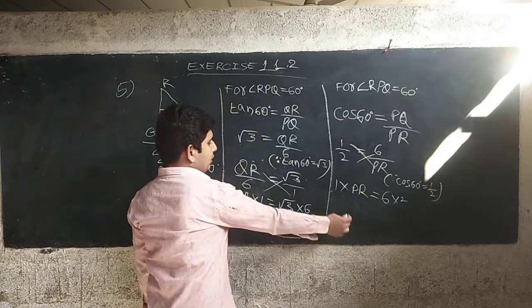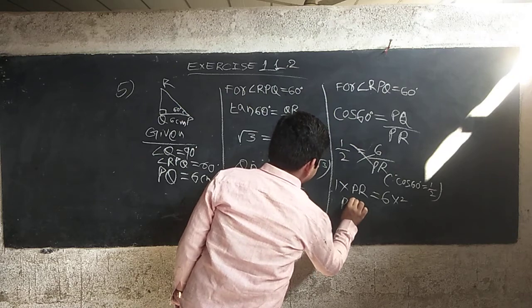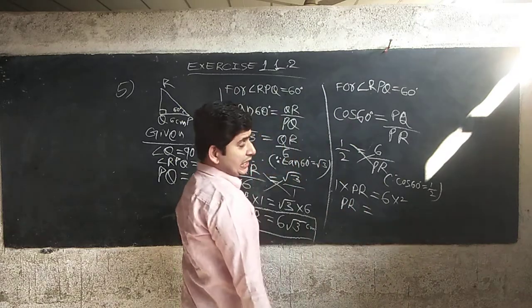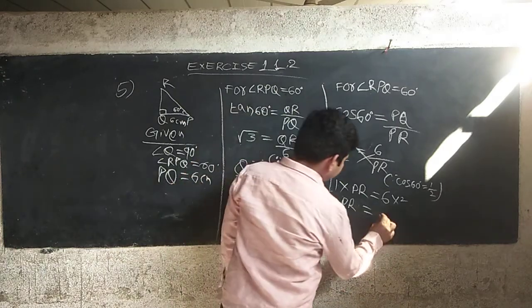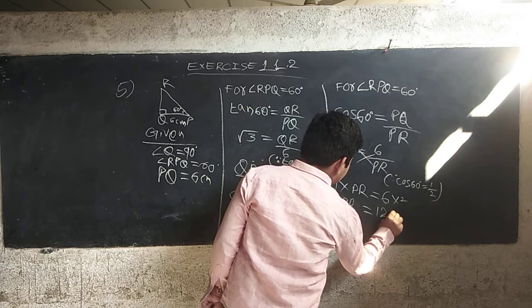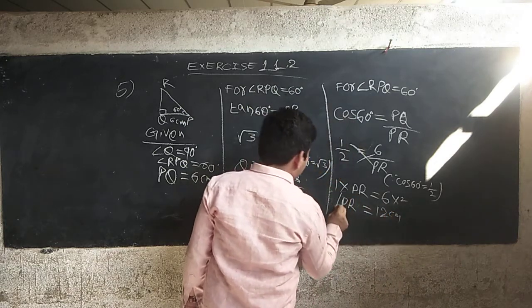PR equal to 6 into 2, that is 12 centimeters. This is the answer.